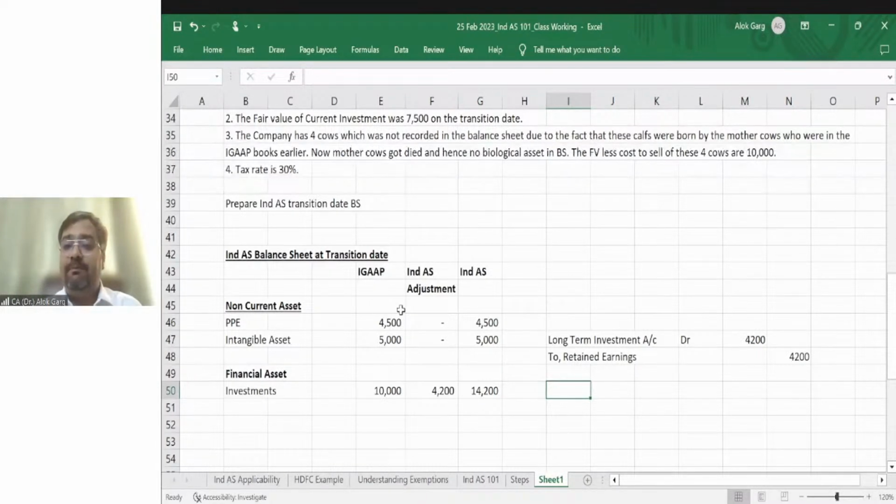What will be the deferred tax impact? On this, deferred tax liability needs to be created. Retained earnings account debit. Creating an asset, so there will be a deferred tax liability. Retained earnings account debit to deferred tax liability.